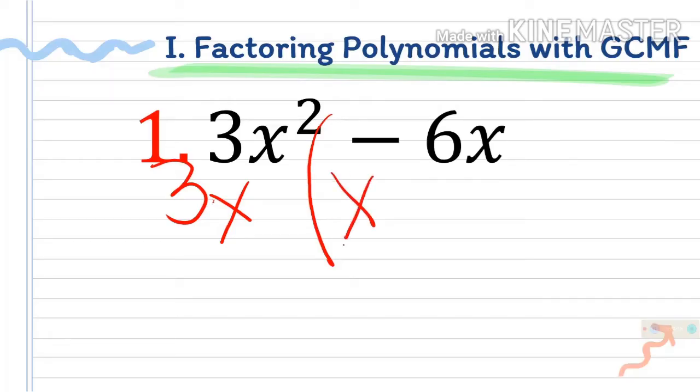And then the second term, negative 6x, will also be divided by the GCMF 3x. So we have negative 6x divided by 3x is negative 2. So we already have here the second factor, or the quotient. So the factored form of 3x squared minus 6x will be 3x times x minus 2.